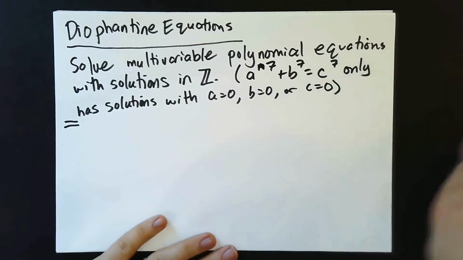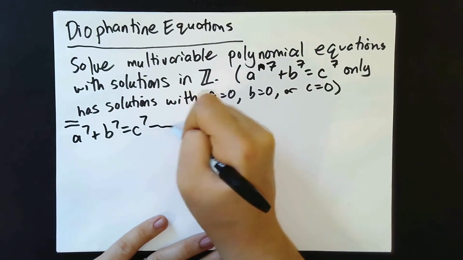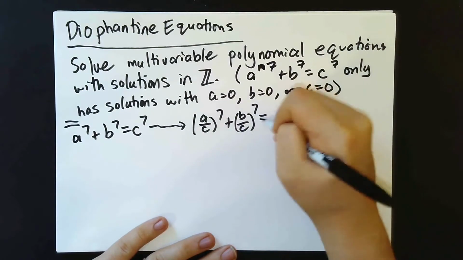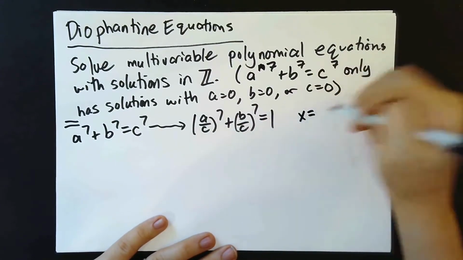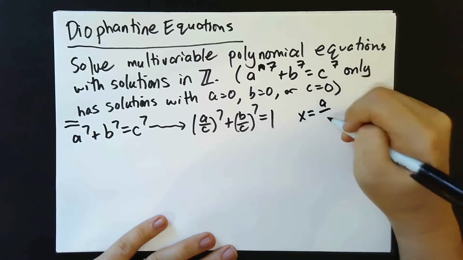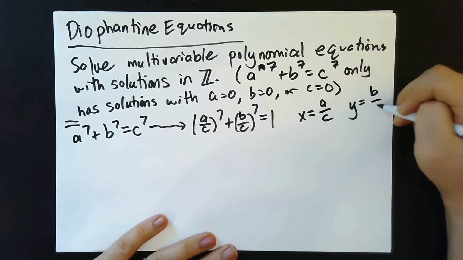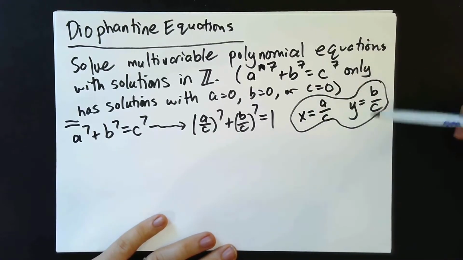And so the way I do that is I just take this equation and I divide every term by c to the 7th. And then I make a small change of variables where I let a over c, I'll call that x, and b over c, I'll call that y. Note that x and y are now rational numbers because I took an integer and divided it by an integer.